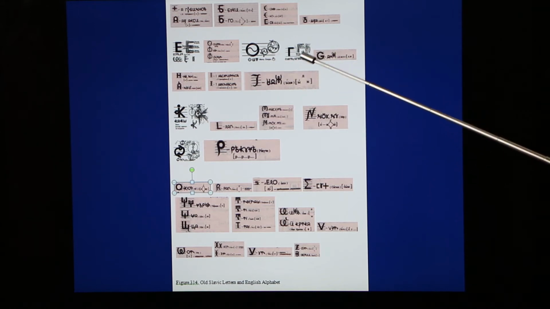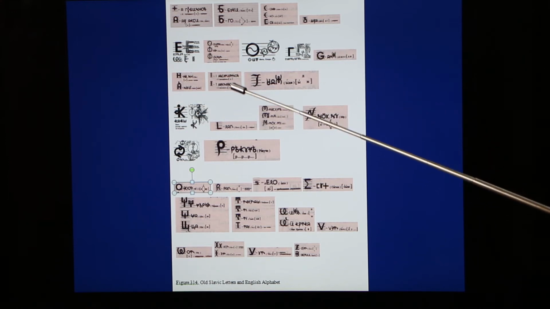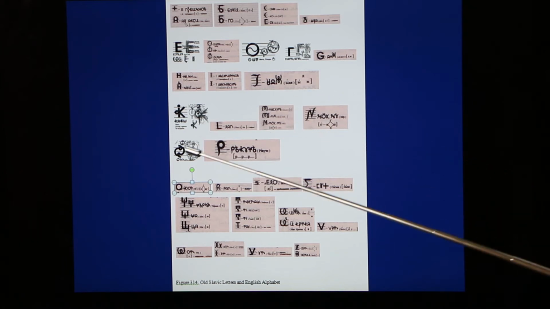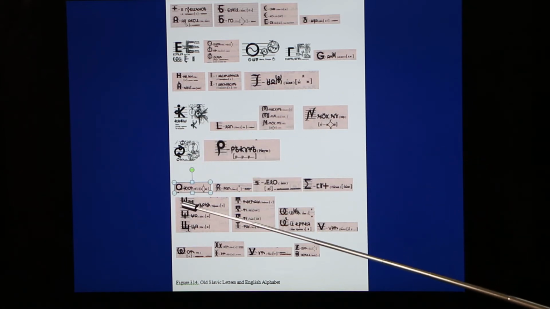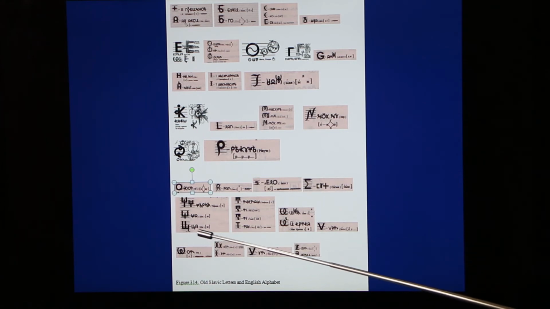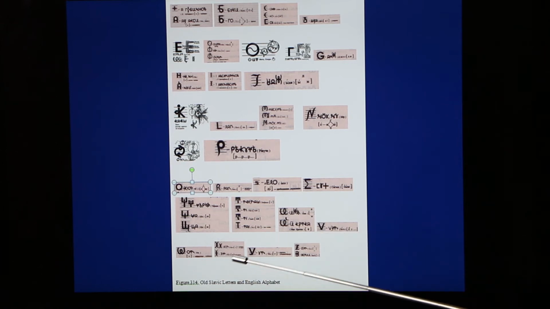But then G as a gamma, and this form of G, H, I, J, K, L, M, N, O, P, Q, R, S, and this form of S, T, U, V, W, X, Y, Z. So ancient Russia, ladies and gentlemen, provides us with the actual shapes of all the English letters.